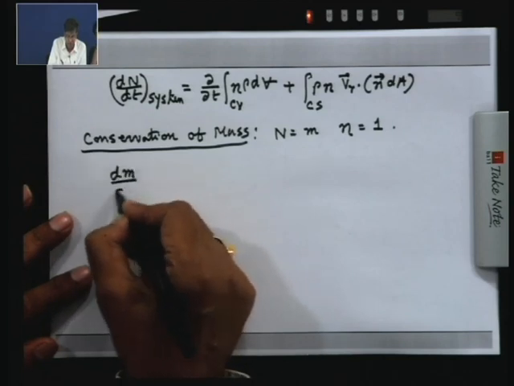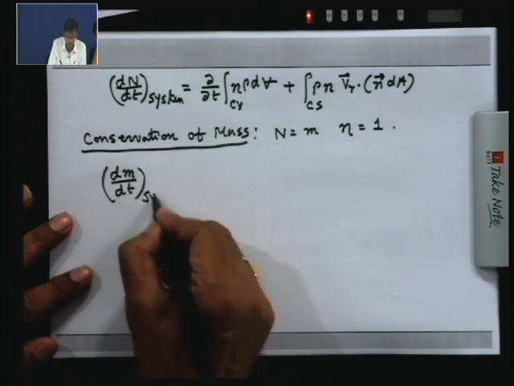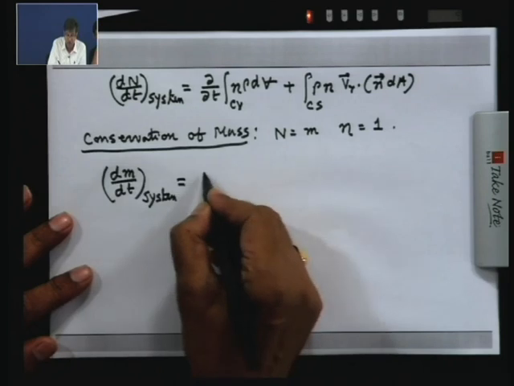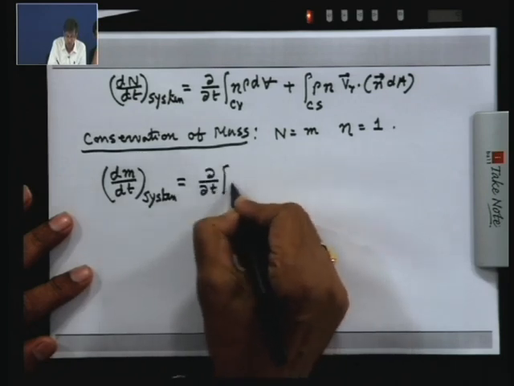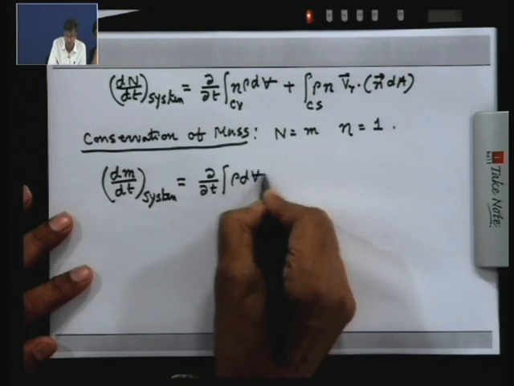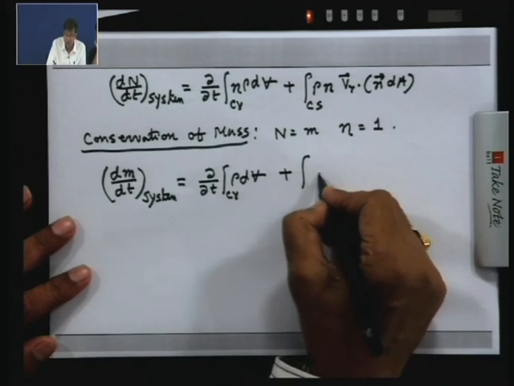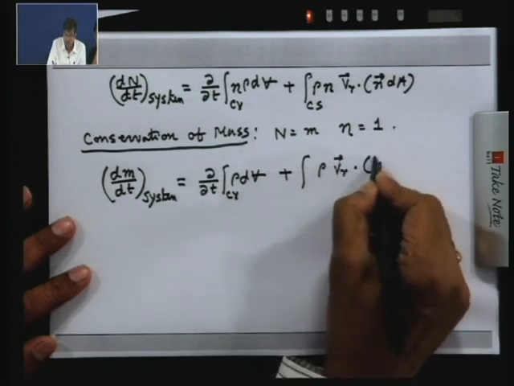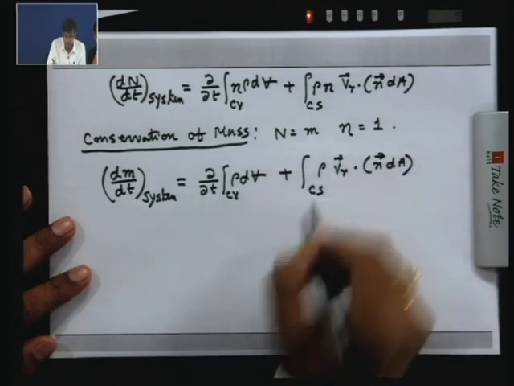So, we can use the Reynolds transport theorem for conservation of mass like this: dm dt for the system is equal to del del t of rho dV over the control volume plus, eta being 1, rho Vr dot n dA over the control surface.